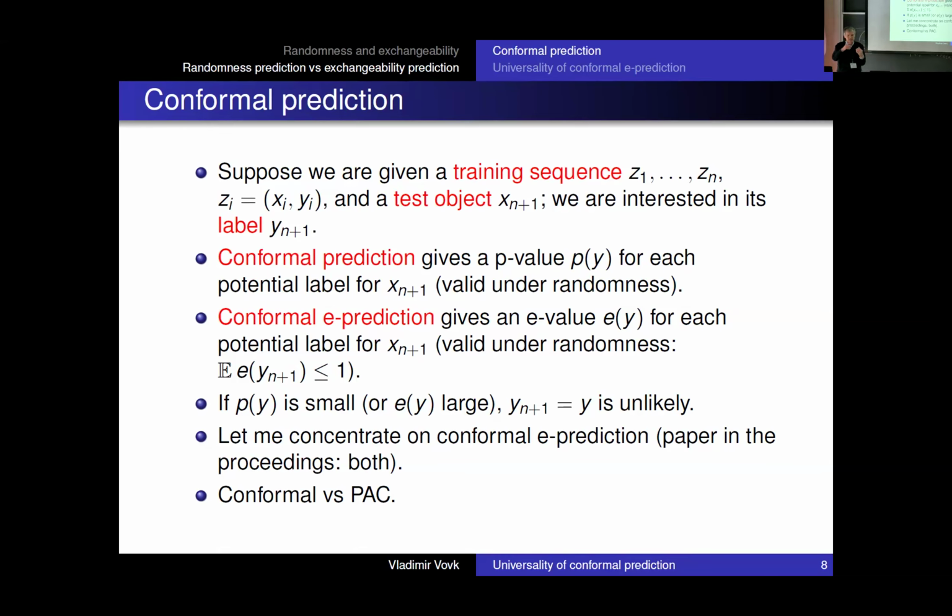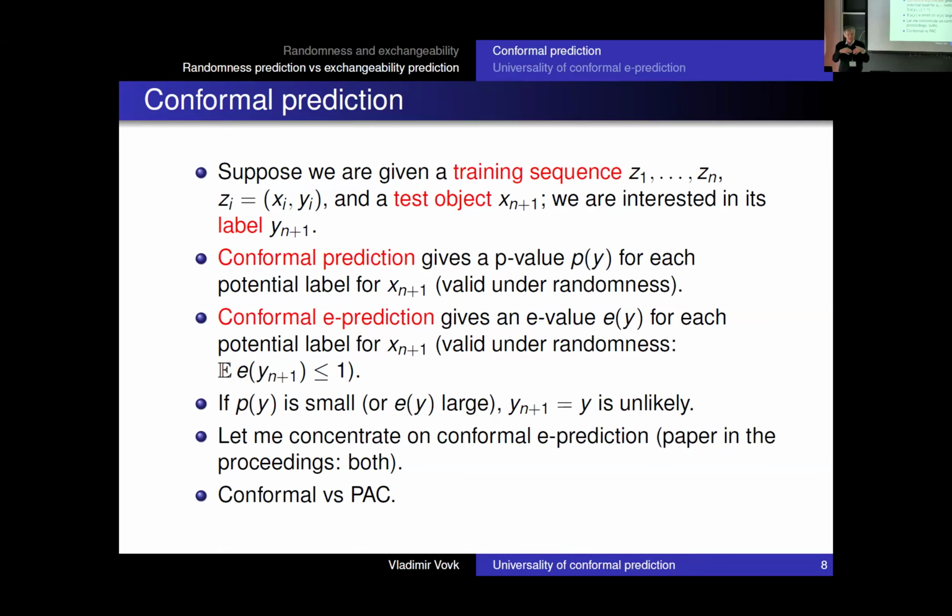It's logarithmic. It's like log 1 over delta. And it's just too good to be useful in many cases. So if you apply typical PAC bounds to some standard benchmark data sets, in many cases you get a bound on the probability of error exceeding 1. So it's not useful.